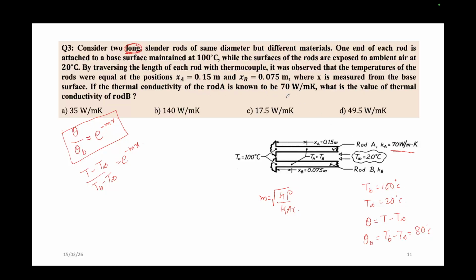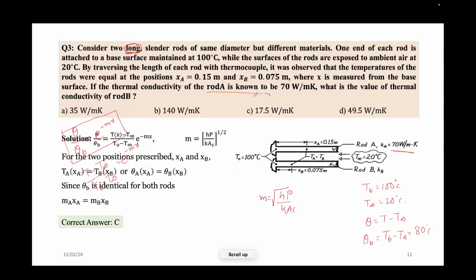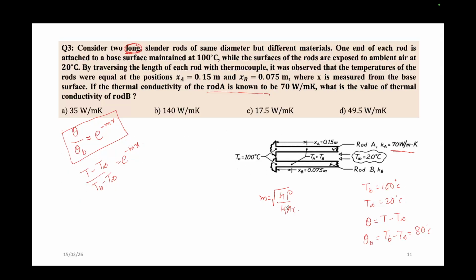So this is here the question. In this question, the thermal conductivity is different for both rod A and rod B, right? So for m_A, for the rod A, what should be the value? Please try to solve. See, in this question, it is already given that k is different.